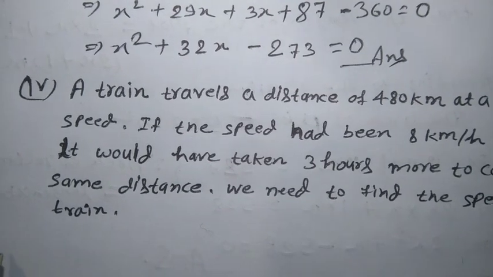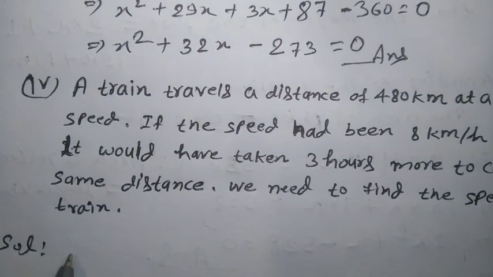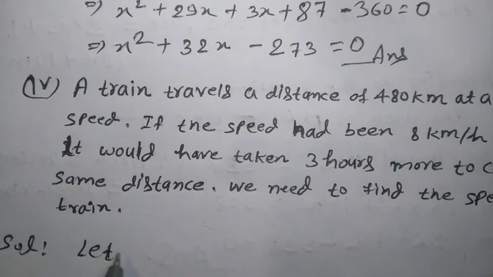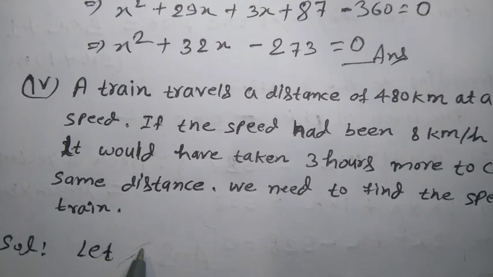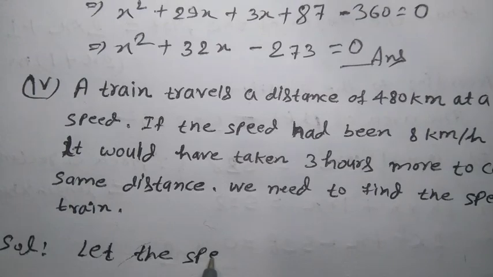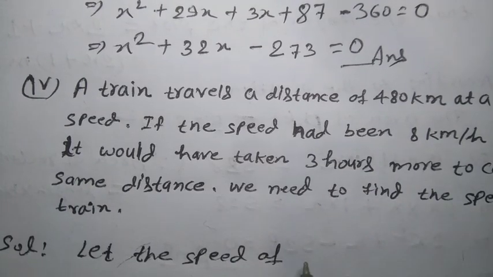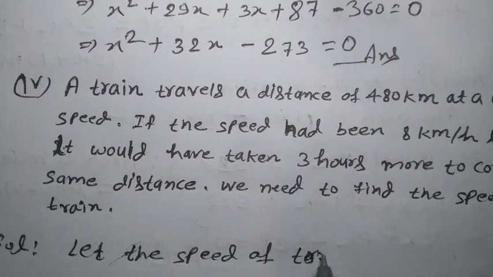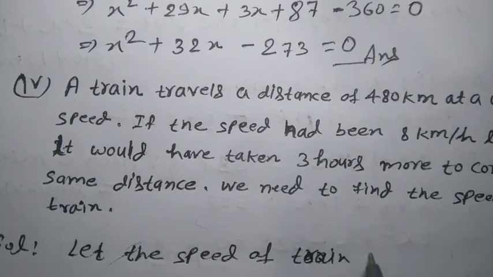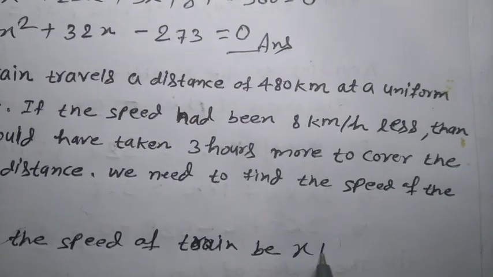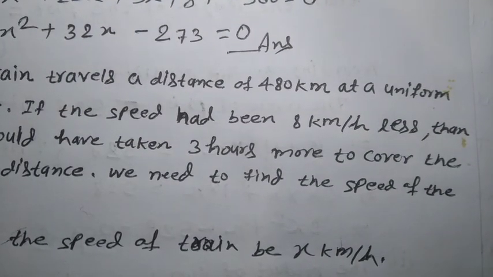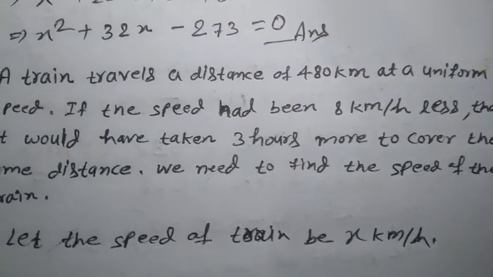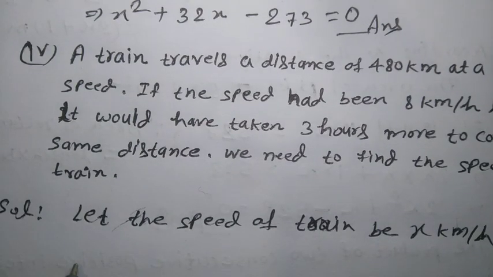Now, solution. Let the speed of the train be x kilometer per hour. Now the distance is given, 480 kilometer.